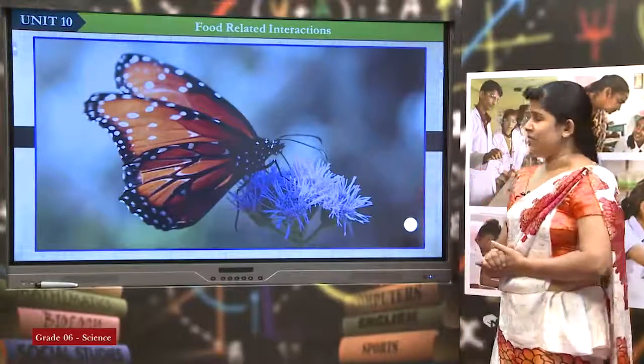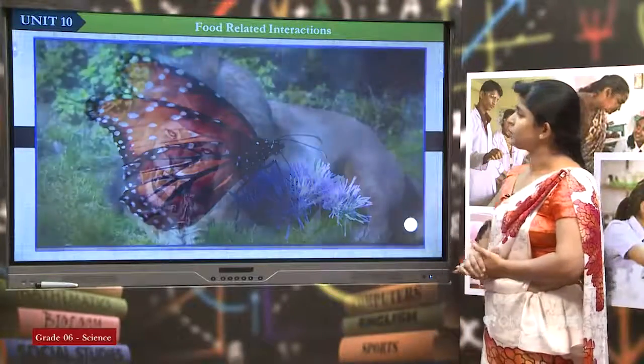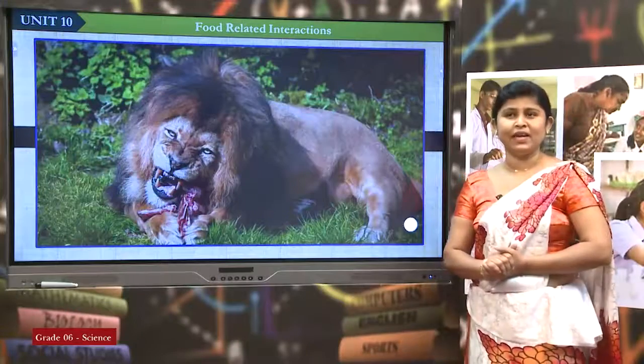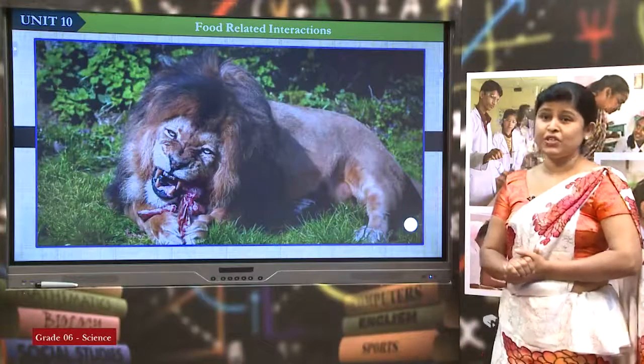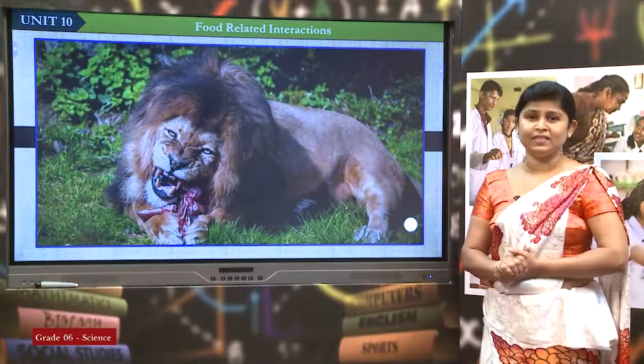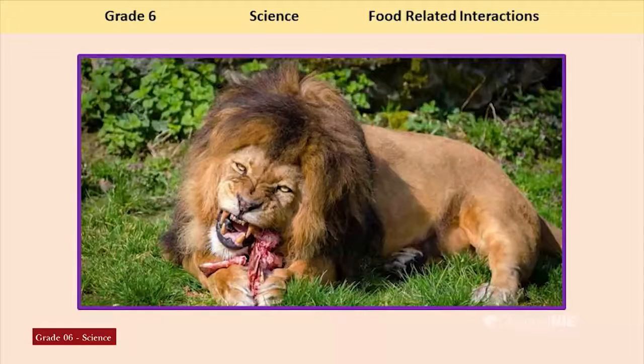Look at the second picture. Yes, you can identify the animal, a vicious animal. It's really dangerous. You can see the lion is eating flesh. It is eating meat.